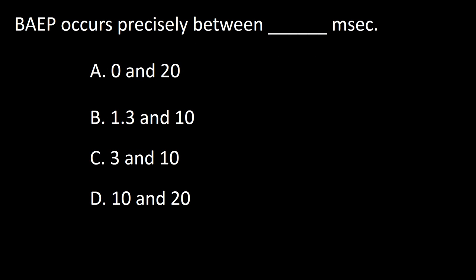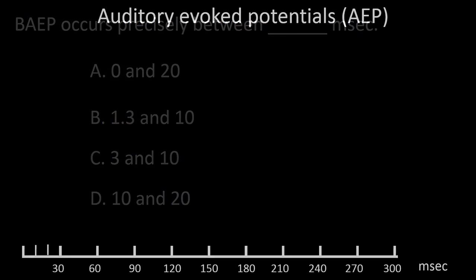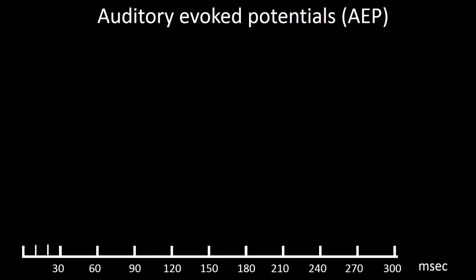Next question. Brain auditory evoked potentials occur precisely between dash milliseconds. A, 0 to 20, B, 1.3 to 10, C, 3 to 10, D, 10 to 20. Evoked potentials are often classified according to their onset and duration.